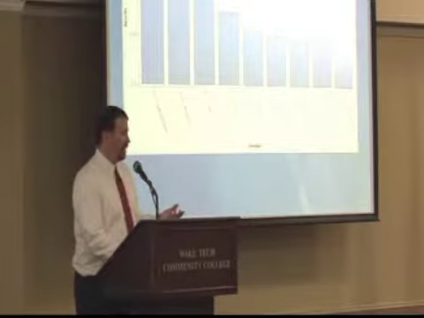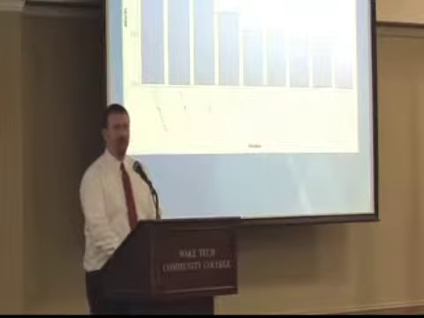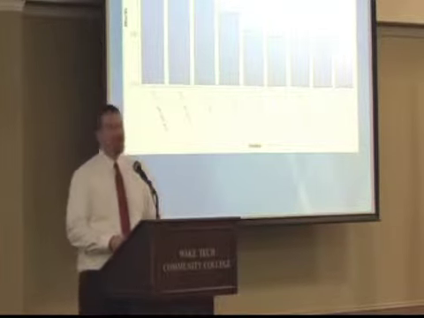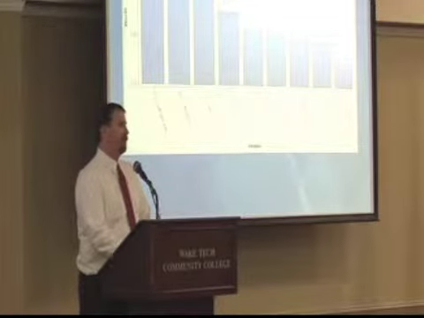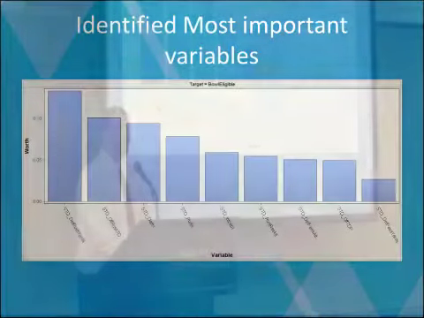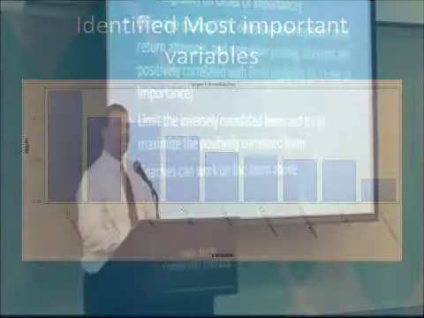I also ran a variable importance on the most identified variables, and defensive rushing yards was the number one most important variable in trying to predict winning seasons. There are a few others here. Offensive rushing touchdowns, actually capturing defensive interceptions, performing offensive interceptions, all good variables for detecting winning seasons.